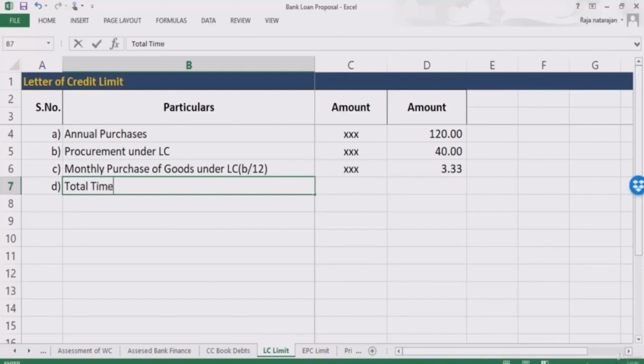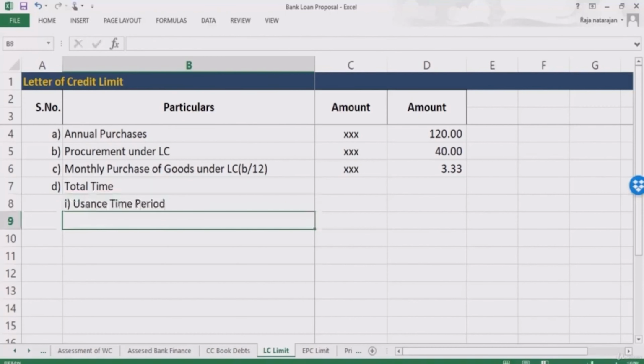Two time factors are there. One is usance time period and the other one is lead time period. Usance time period is the credit period given by the supplier to the customer. Lead time period is the time taken by the supplier to execute the order.